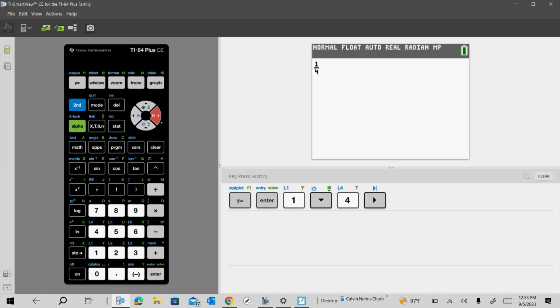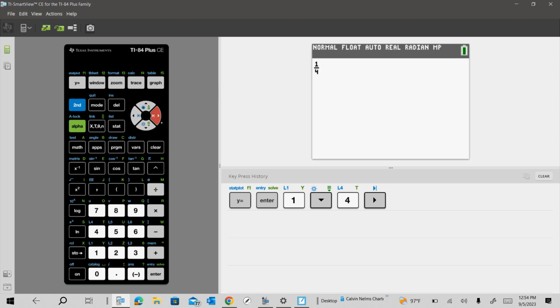What did you do for the fraction? Alpha, Y equals, then enter. Alpha is the green button. Y equals is the gray button at the top, above the blue button. Then enter. Okay. All right.